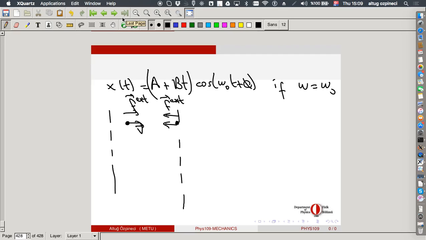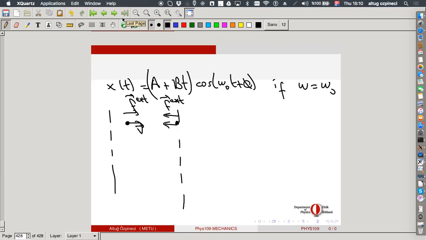Now if they don't match, what will happen is in one cycle, when the mass comes to this turning point, after this turning point, the force will be doing positive work. In the next cycle, it will be doing negative work. In the next cycle, it might be positive or negative. So the work done by this external force will be both positive and negative.